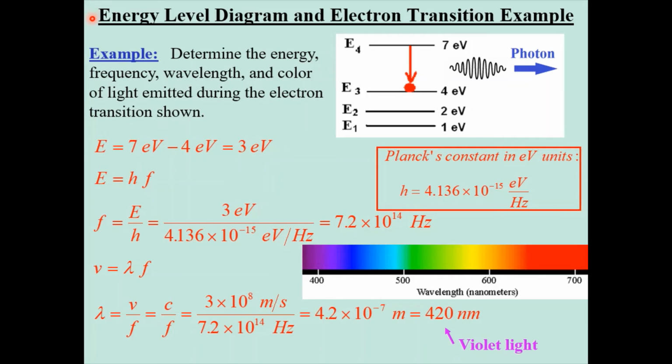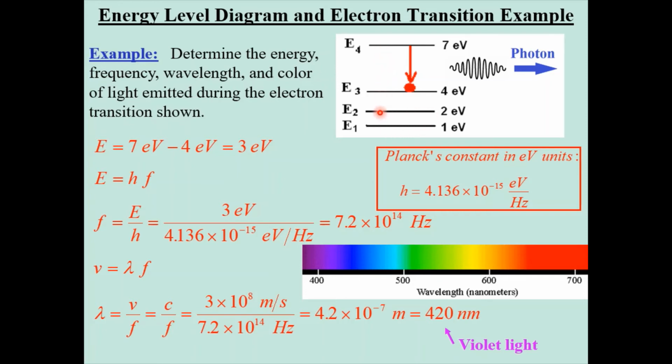Let's now work through an example using an energy level diagram that has to do with an electron transition. In this example, we're going to determine the energy, frequency, wavelength, and color of light emitted during the electron transition shown. Let's take a look at this diagram that's given to us. This is similar to the Bohr model of the atom.